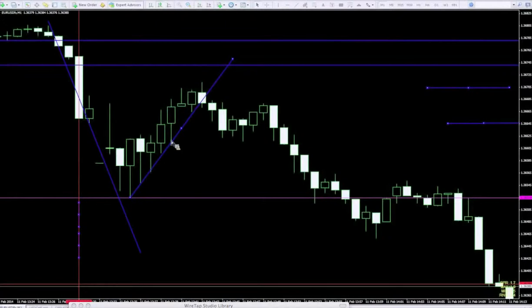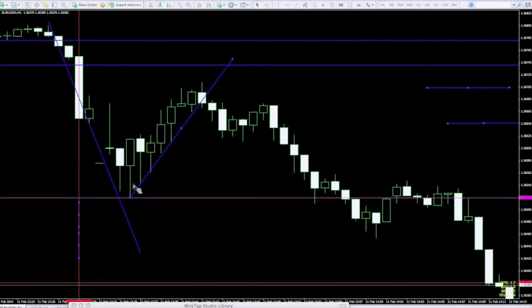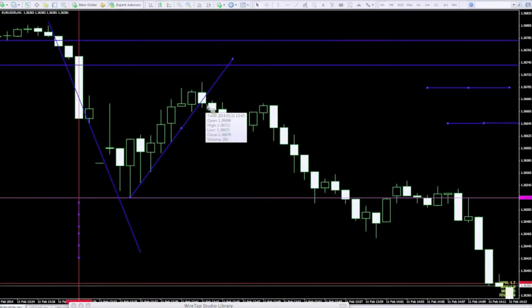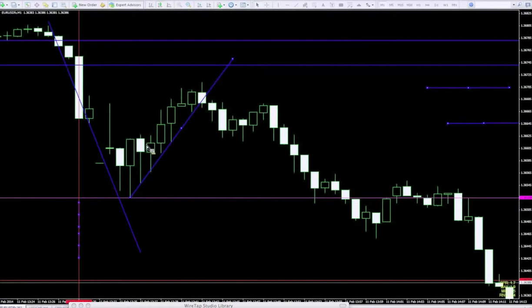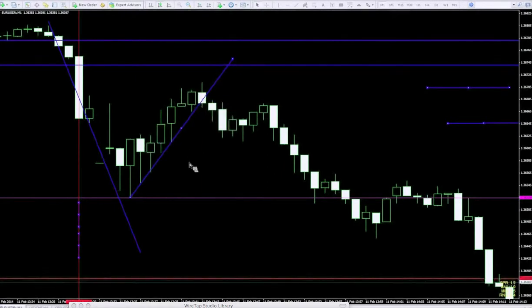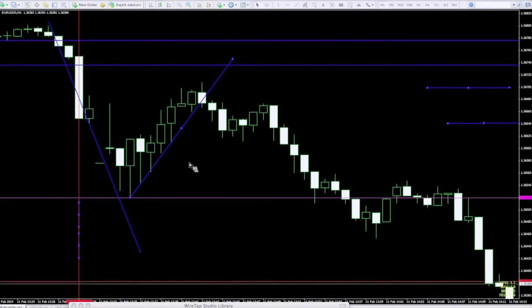Generally, on a pullback, you're looking for at least 2 to 3 candles. So that's one thing you can kind of get your mind wrapped around. When a pullback starts, expect it to be 2 or 3 candles in length at least. And then you can adjust your trend line accordingly until a candle breaks the trend line. And the candle that breaks the trend line is the opposite of the other candles above the trend line. Do you understand that, Jay?